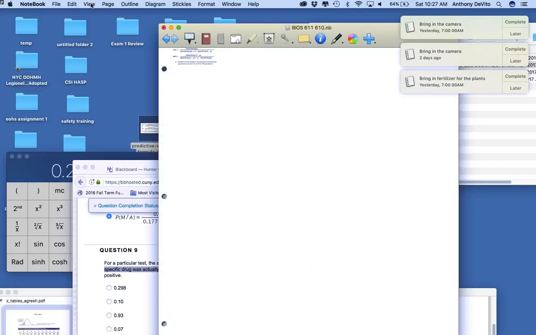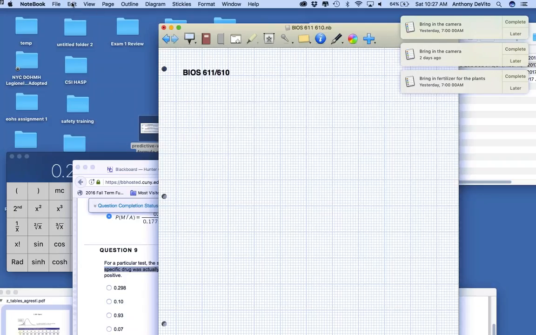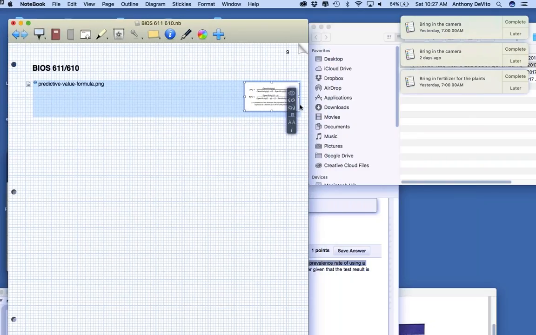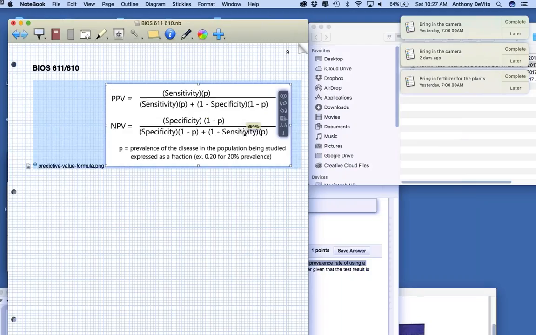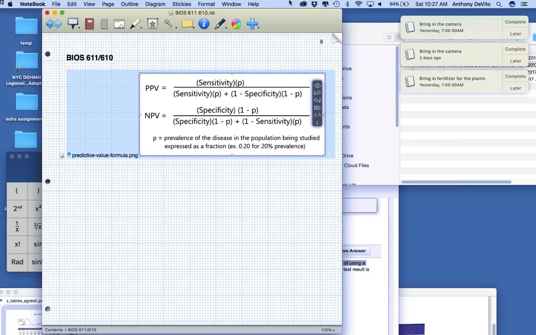Oh, that won't do that. Okay, let me make this a bit bigger and move it over. Okay, here's my formula.